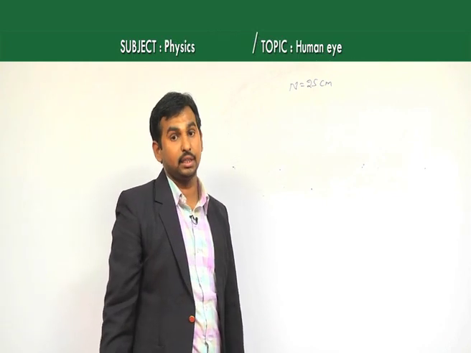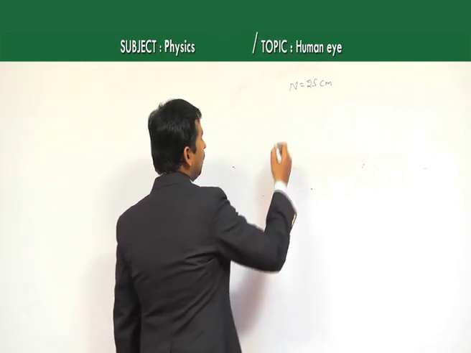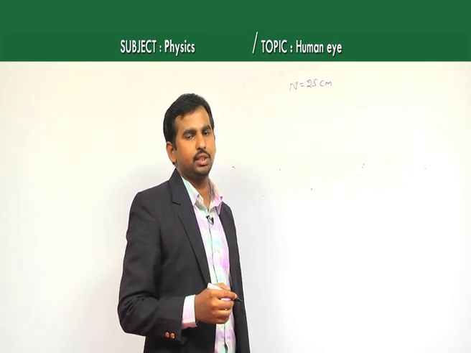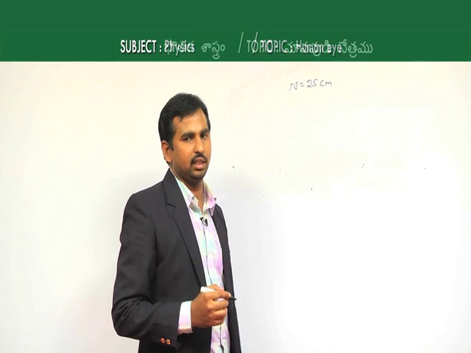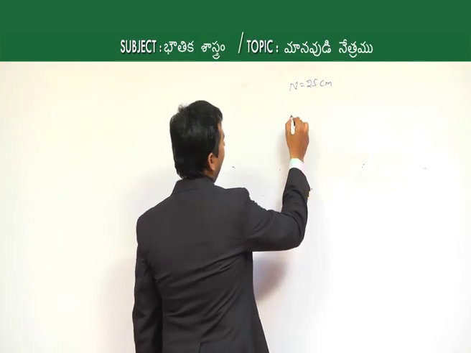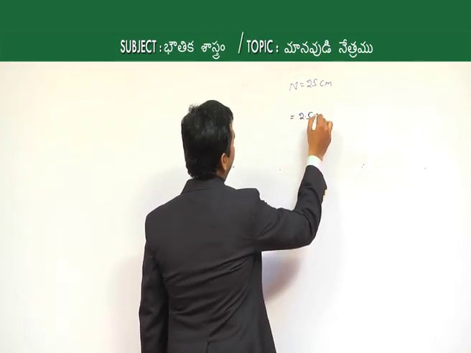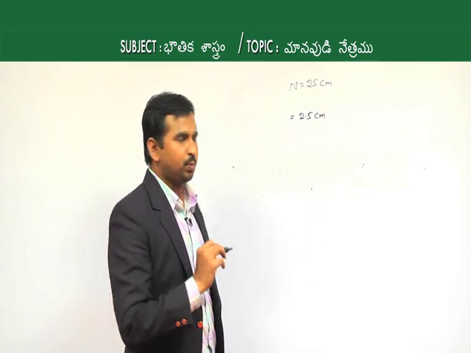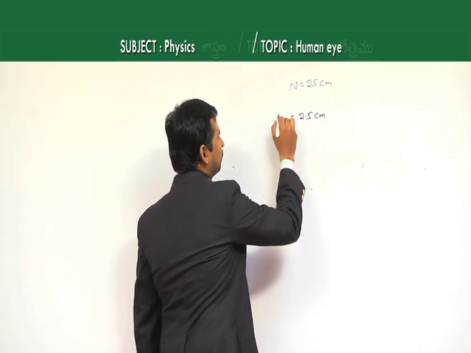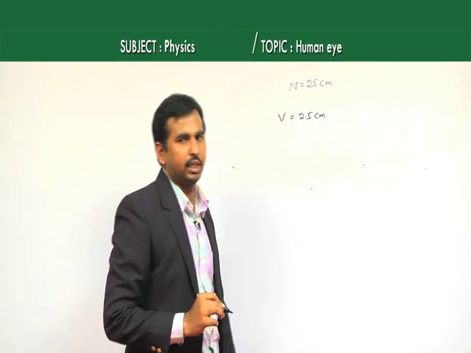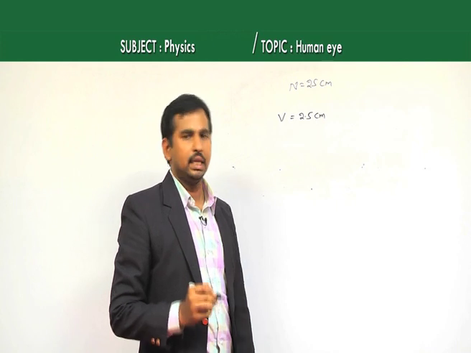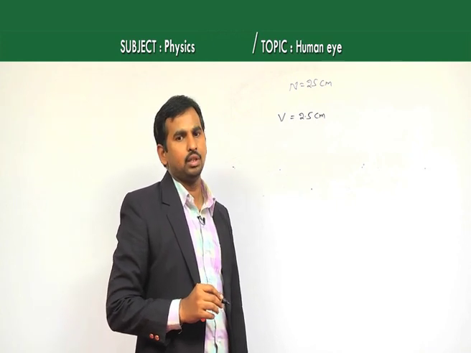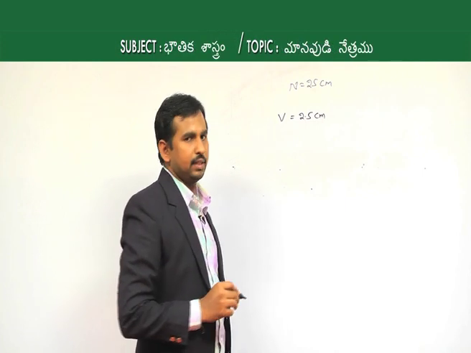We know that the average diameter of our eyeball, which is the distance from the eye lens to the retina, is around 2.5 centimeters, which is nothing but our image distance, because the retina is acting like a screen. That is why that distance is the image distance here, which is V is equal to 2.5 centimeters.